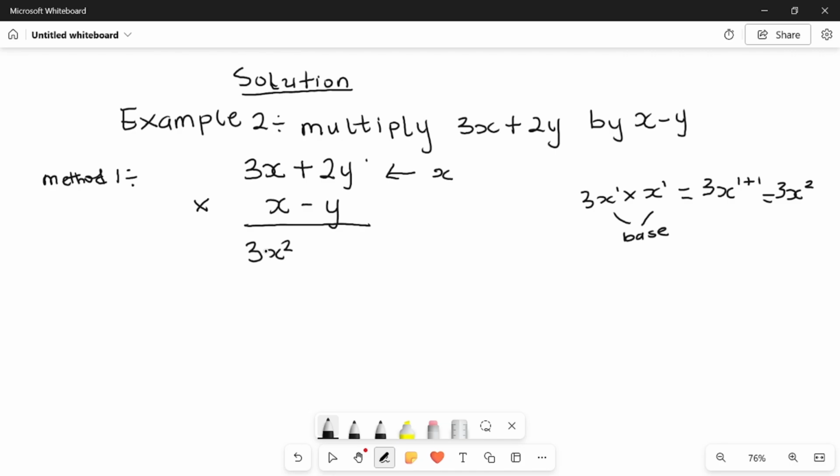So we continue. X times 2y. For this, 2y times x: bring out the 2. There's an invisible 1 before this x, so 2 times 1 is 2. Y times x, since the bases are not the same, you cannot add their powers.